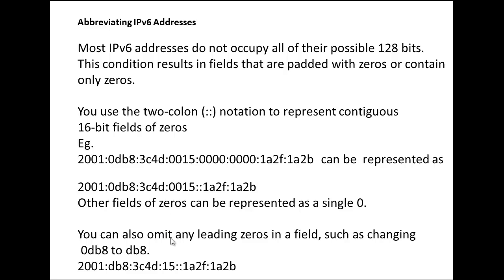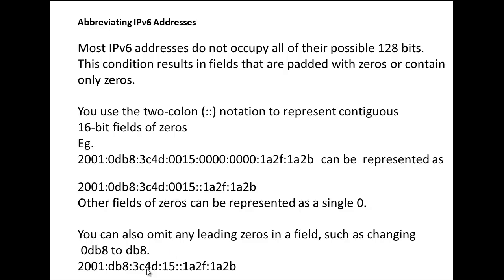Remember that we can also omit any leading zeros in the field, which would further shorten the address. So that we could take the 0db8, we could take off the 0, and we could make it db8. So you see here we further shorten the address. And then the field that has 0015, we could remove those zeros and we would have 15.